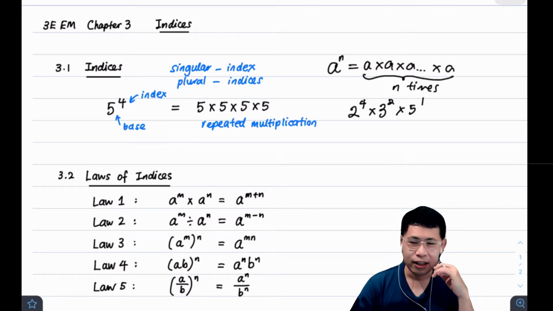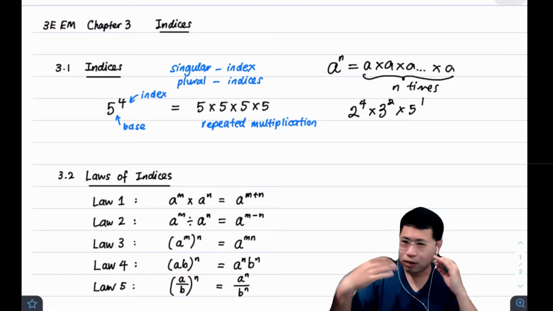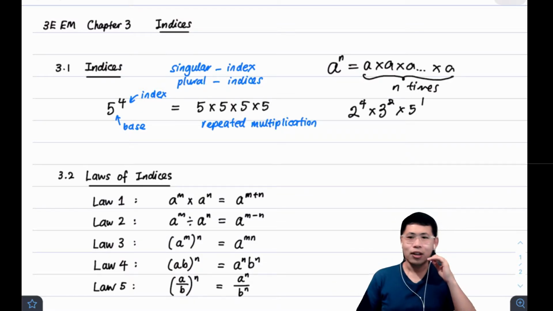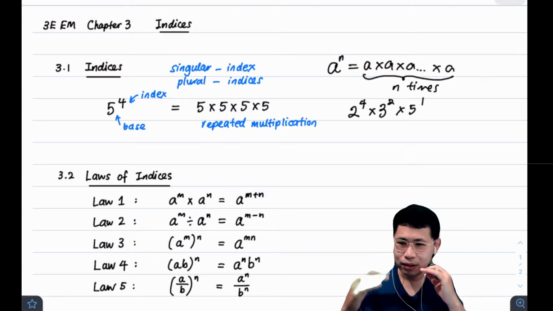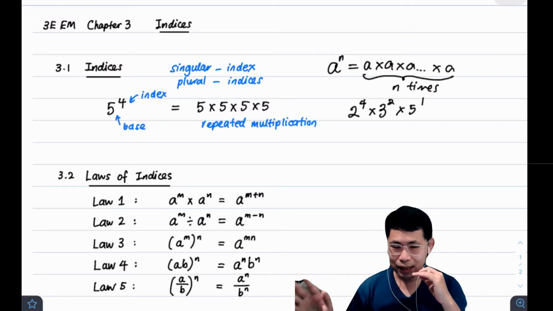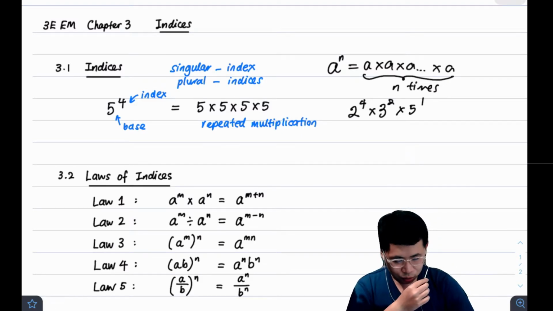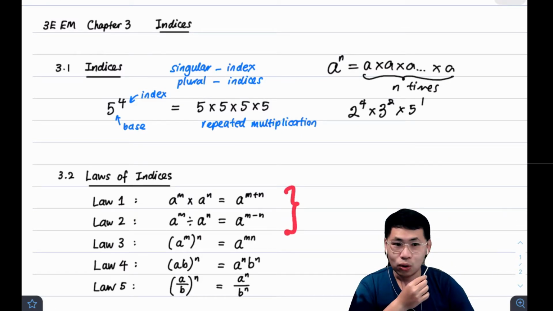This part will be the foundation of what we will be doing for the rest of the chapter. Let's take a look at the 5 laws over here on my left, and we are going to focus on the first two.